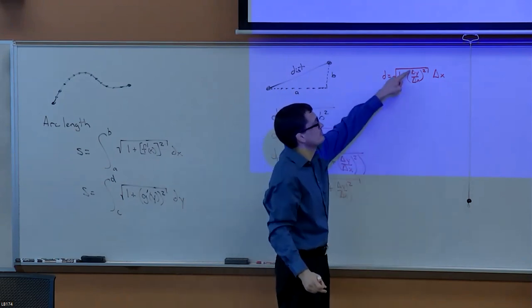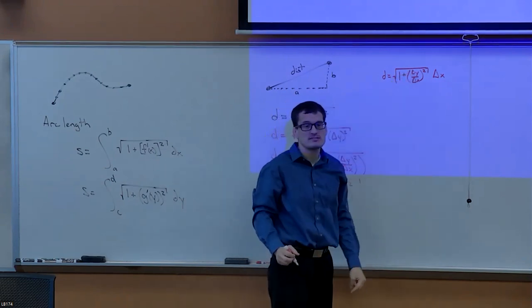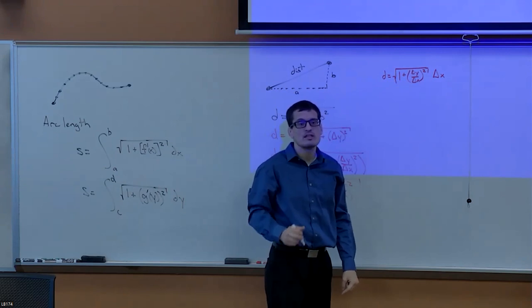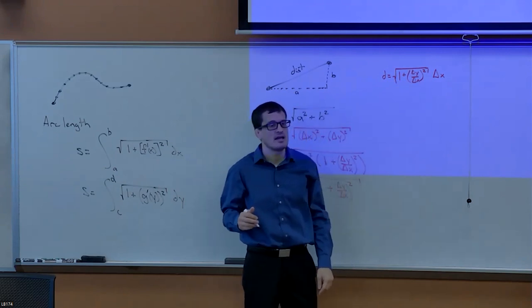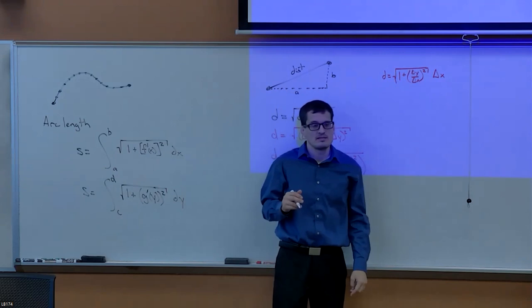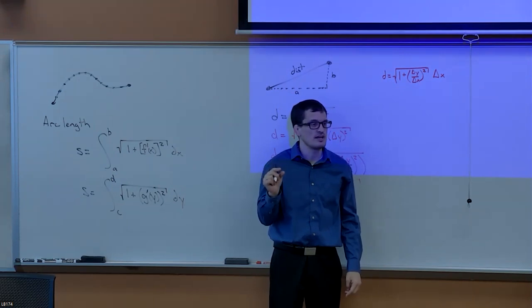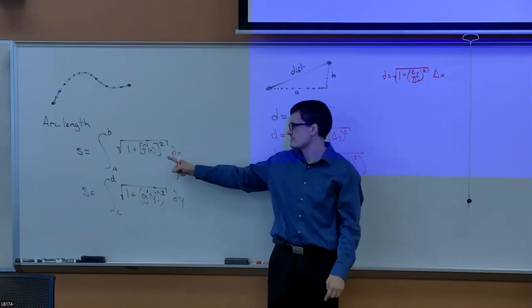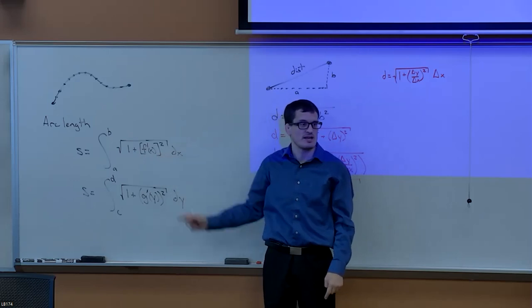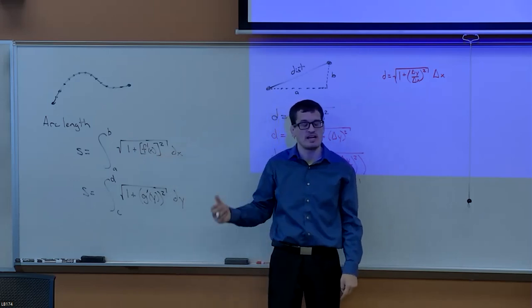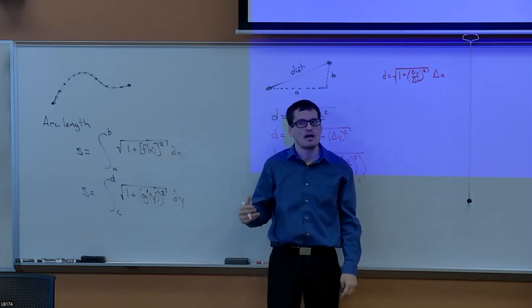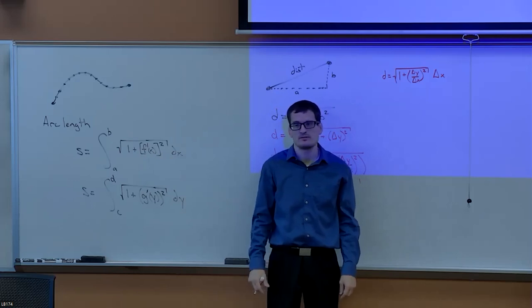And change in y over change in x, the limit of that as your change in x goes to 0, is simply the slope of your tangent line, which is the derivative of f, or f prime. Okay, that's exactly what the derivative is.